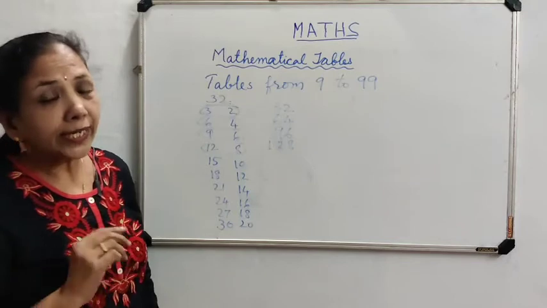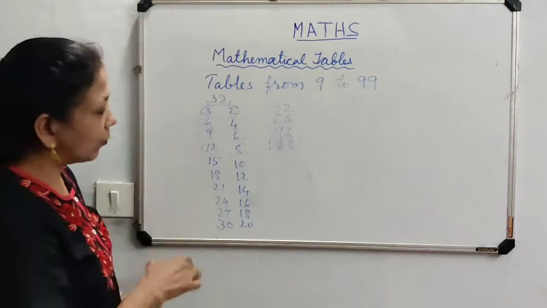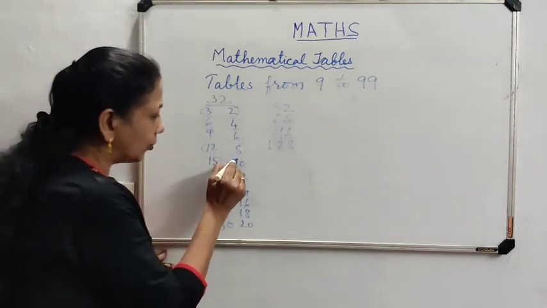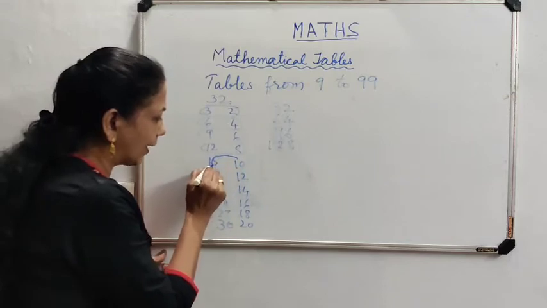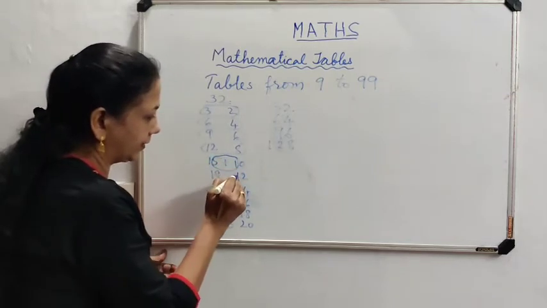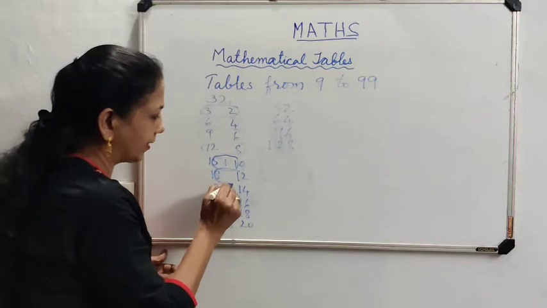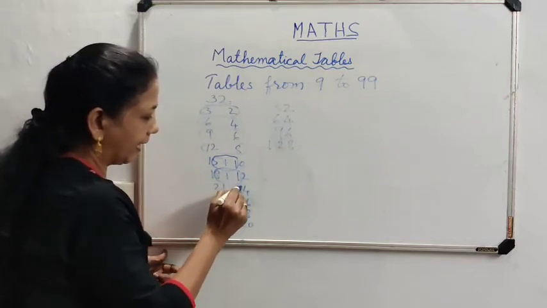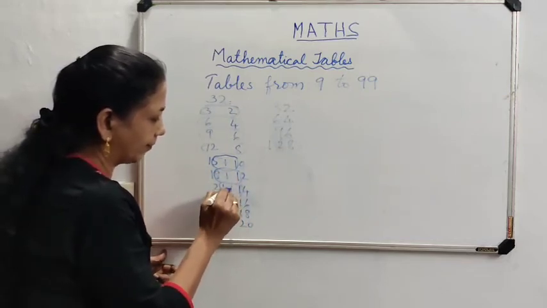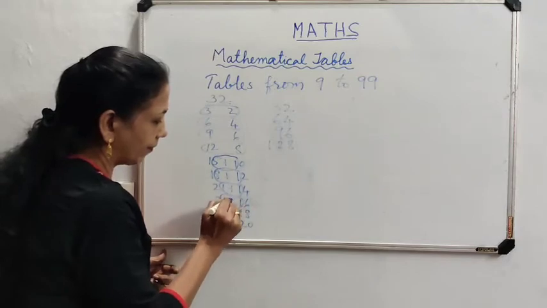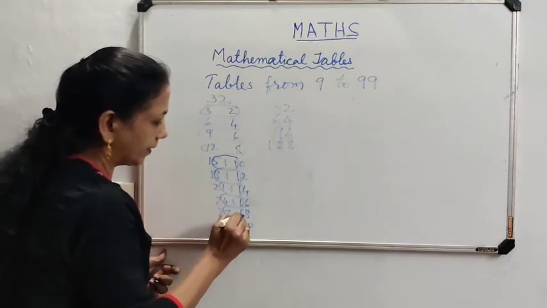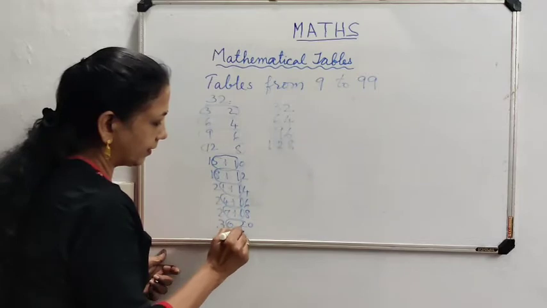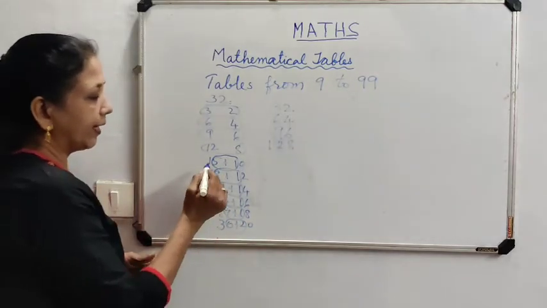We can write only one digit. Now what to do? These two, its tens place and its ones place, add plus this tens place and ones place, plus, everywhere plus.